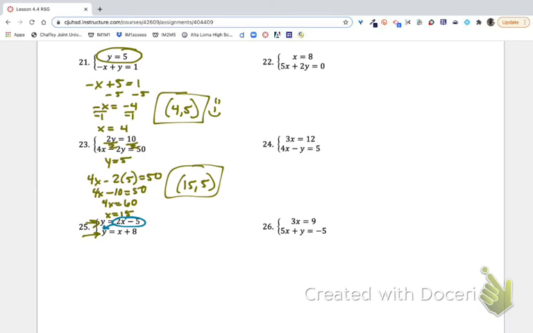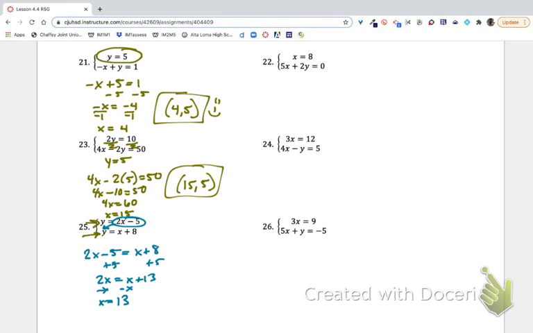So everywhere I see a y in that second equation, I'm going to replace it with 2x minus 5. And it would look like this. 2x minus 5 equals x plus 8. And from here, add 5 to both sides, subtract x, and you would end up with x equals 13.